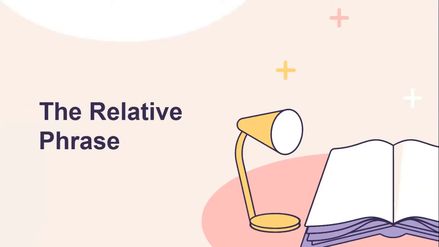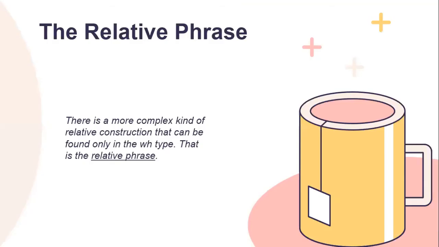The relative phrase. Okay, next slide. So there is a more complex kind of relative construction that can be found only in the WH type, that is the relative phrase.